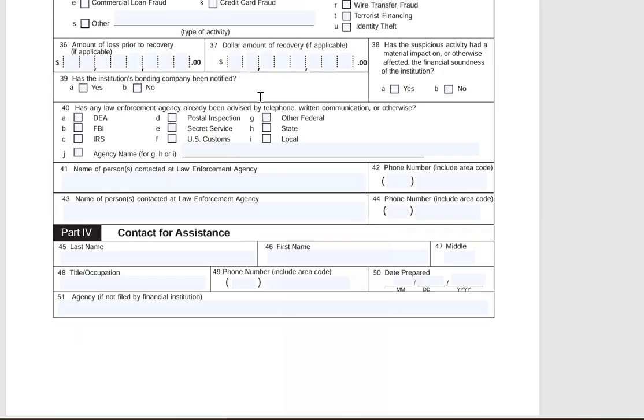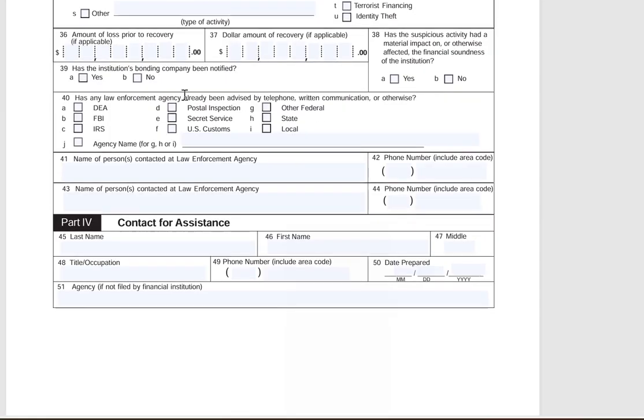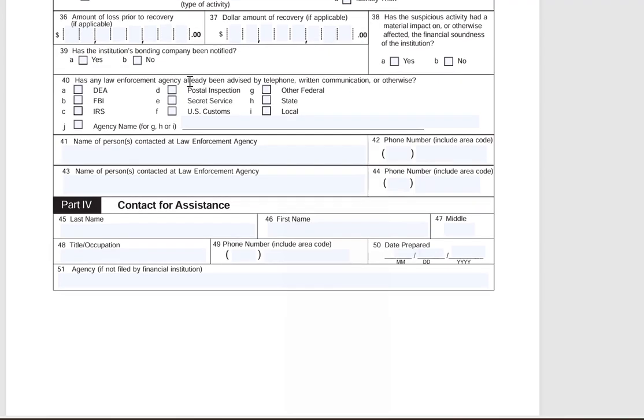Did the suspicious activity have a material impact on or otherwise affect the financial soundness of the institution? Has the institution's bonding company been notified? Has any law enforcement agency already been advised by telephone, written communication, or other means?